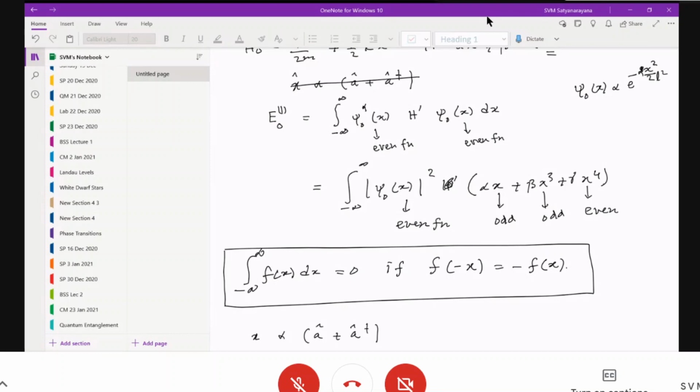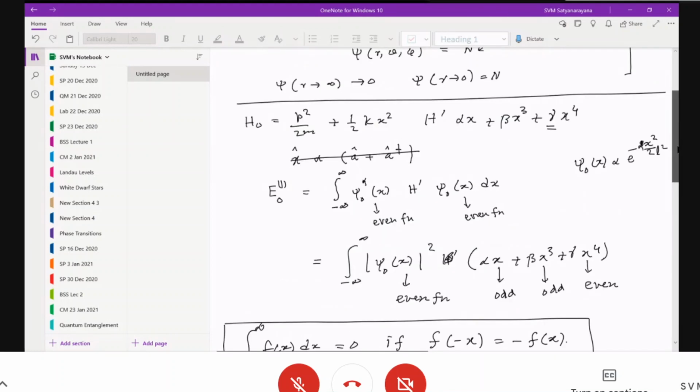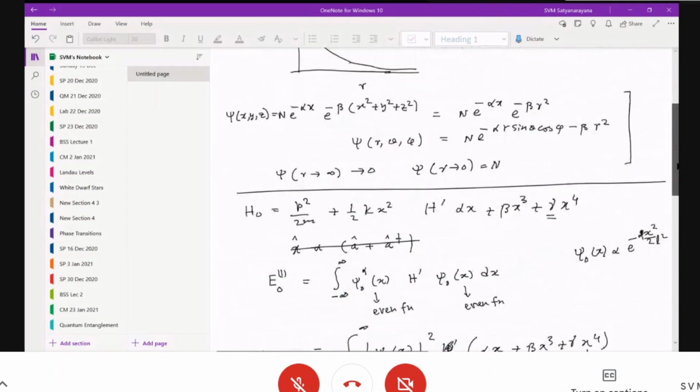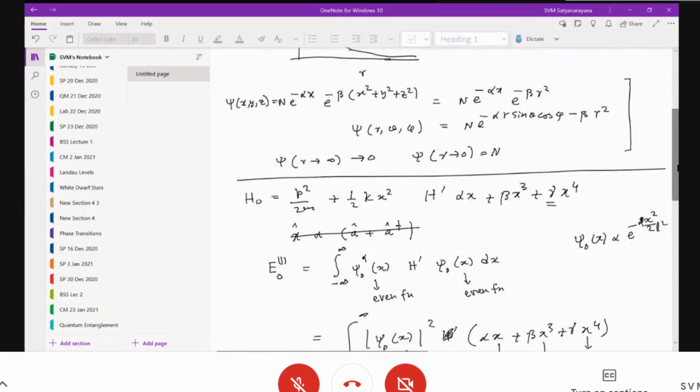You follow that? Because this is going to be even, that mod psi square is going to be even whether psi is even or psi is odd. And all the eigenstates of the Hamiltonian of the harmonic oscillator are either odd or even. That is because the Hamiltonian itself is an even function. There is a parity symmetry for the Hamiltonian. Correct? Because you have the x square term, x going to minus x does not change the Hamiltonian.